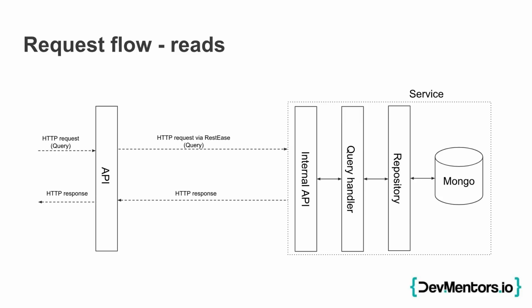Of course, everything is kicked off by the HTTP request that comes from some client application. It might be Postman or some REST client or an Angular application, whatever. So basically, we create an HTTP request which contains the query itself. And the first thing we should distinguish is that since we want to read, we'll create the GET request.